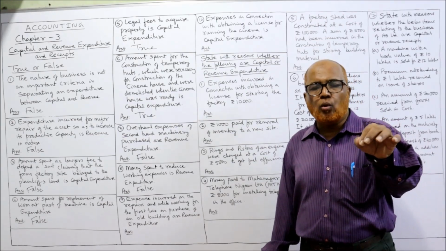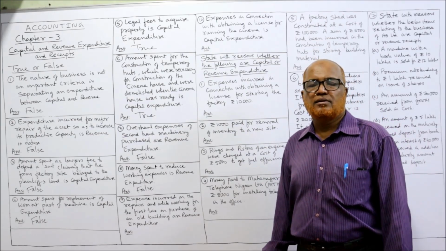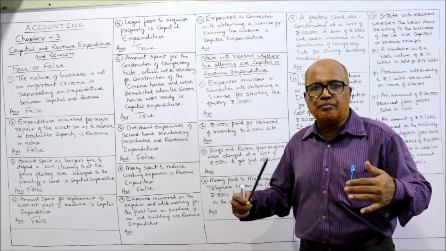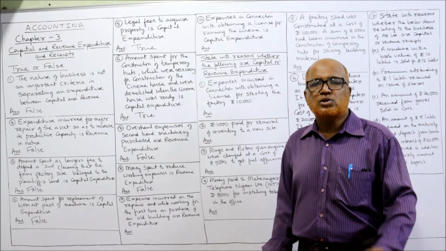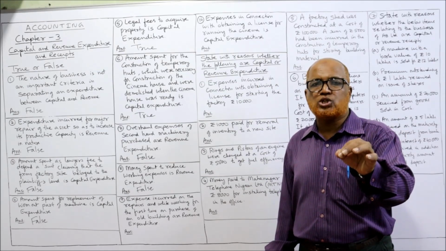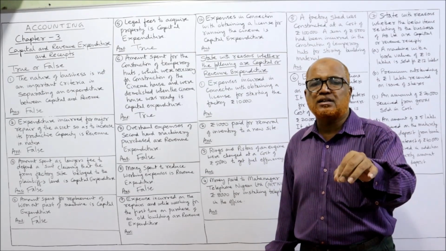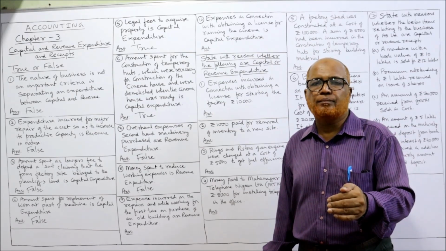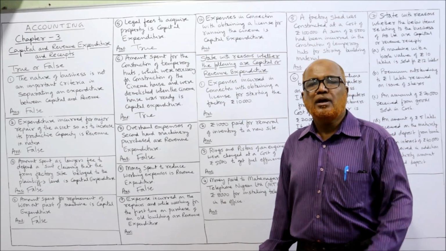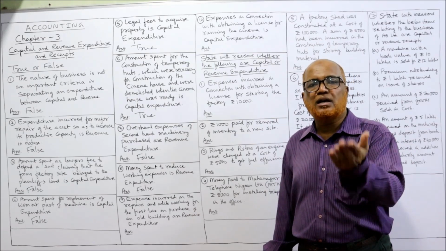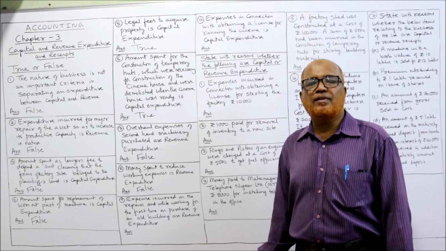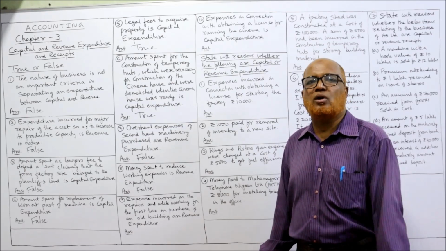First time when an old building is purchased, it is required to make some overhauling or whitewashing or some repairing. So any repairs or whitewashing or overhauling first time when we purchase an old building is a capital expenditure. It should be added to the cost of the building because it will increase the working efficiency of the asset.